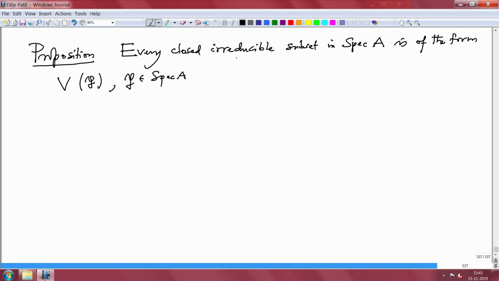Irreducible means which you cannot break into two proper closed subsets, union of the two proper closed subsets. So, proof.